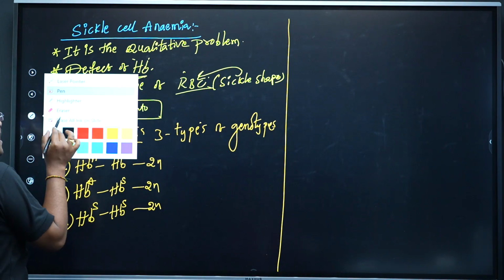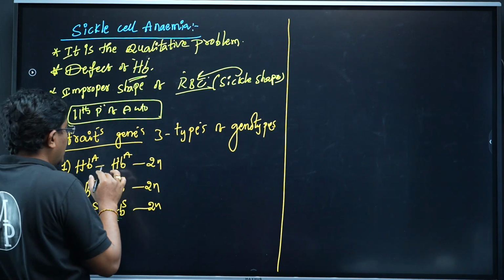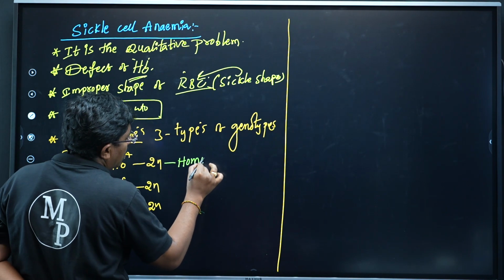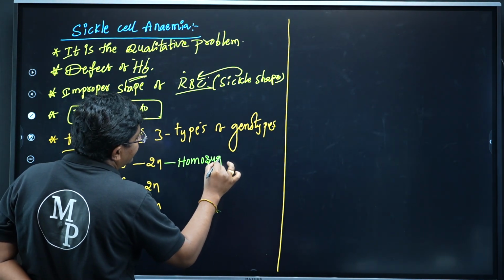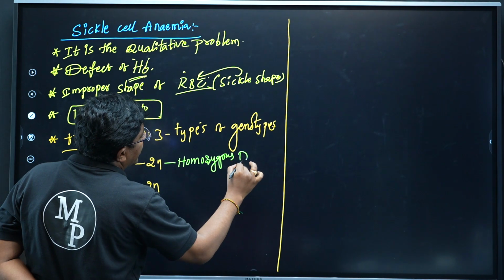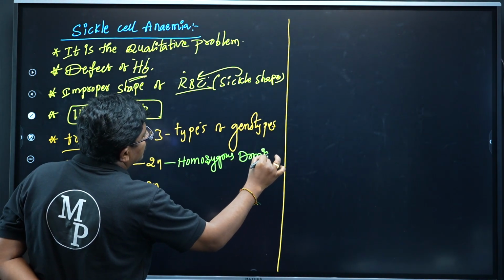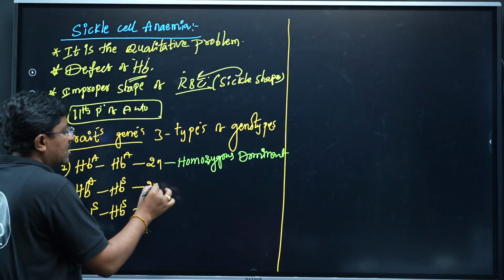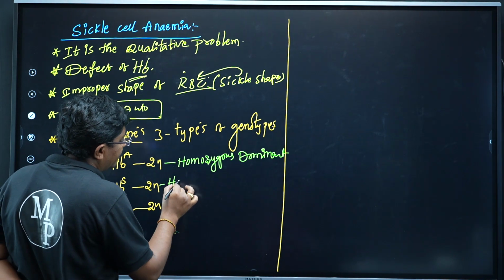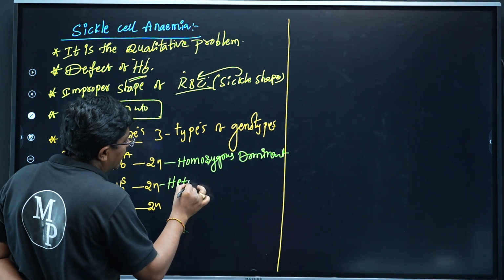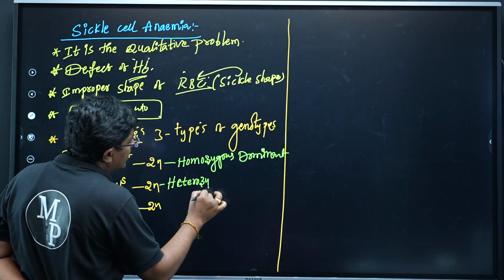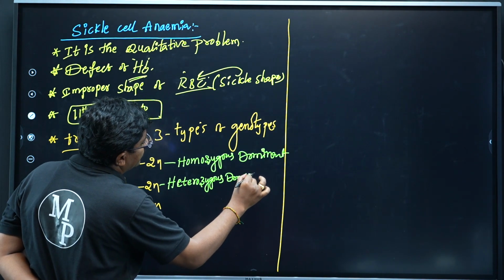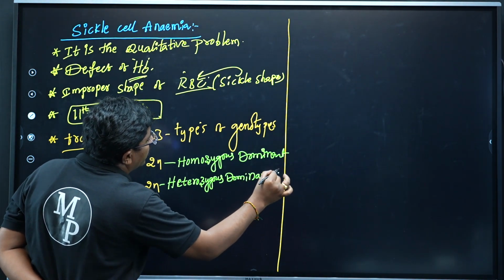HBA and HBA is homozygous dominant. HBA and HBS is heterozygous dominant.